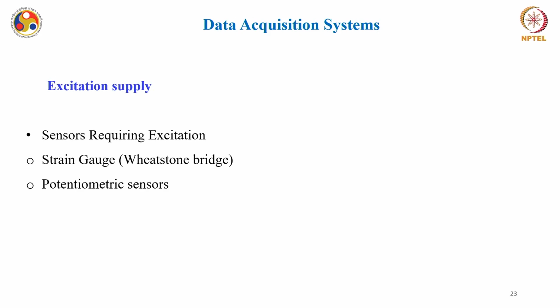There you have to provide proper biasing, say 2 volt, 3 volt or so on, to collect the data. Even in a Wheatstone bridge configuration or a potentiometric sensor, everywhere you will require this excitation supply, and this particular unit takes care of that.